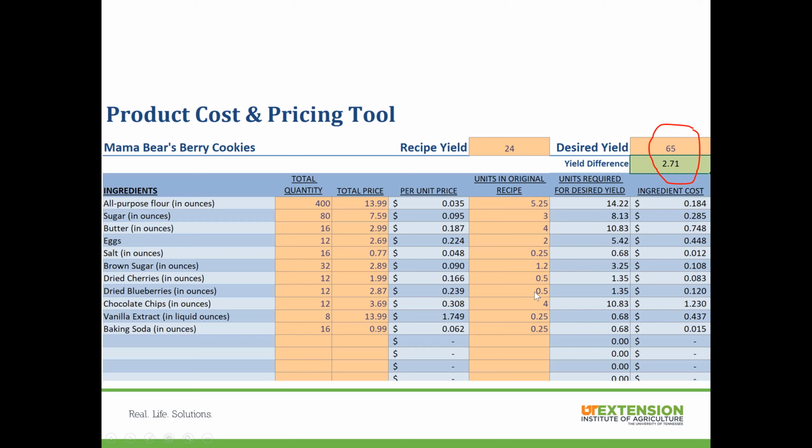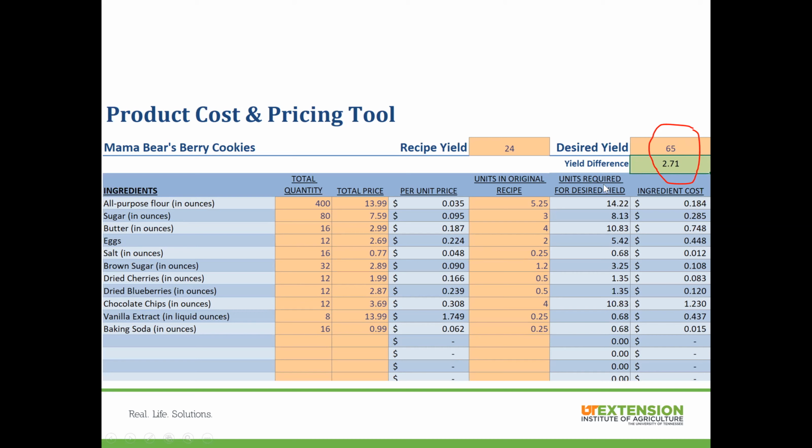Okay, so let's assume that we want to scale up the recipe. Things have gone really good, and we decided, hey, we want to make 65 cookies instead of 24. We can go in there and in this orange cell by desired yield, plug in 65. And that is 2.71 times the original recipe yield of 24.